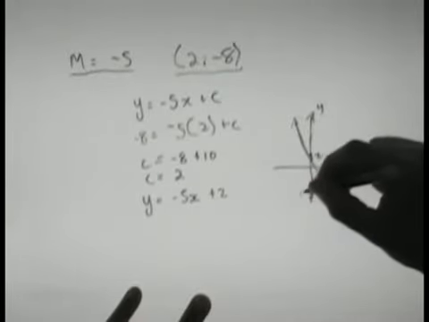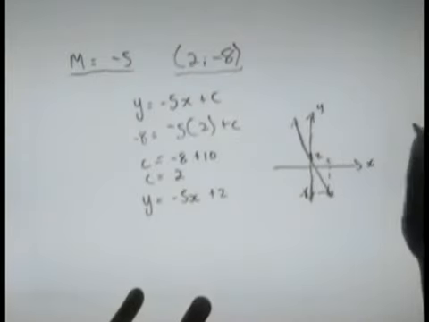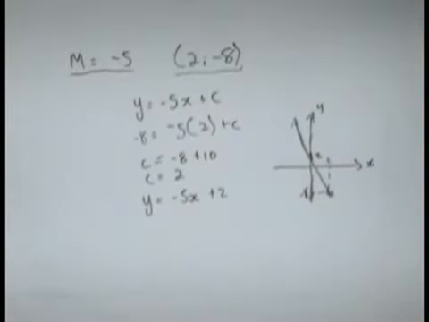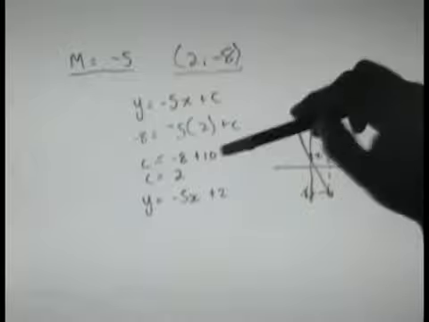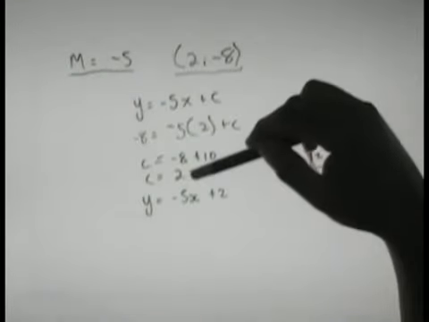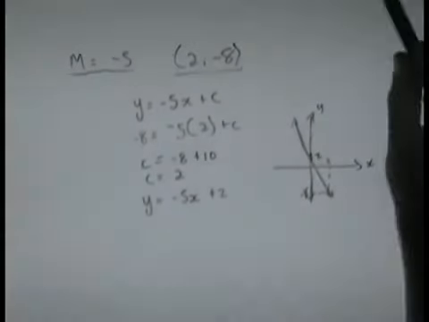Something like that. The big thing you need to note is that if we had our gradient, we just needed 1 point to get our c value. Once we got our c value, we went back to the standard equation.